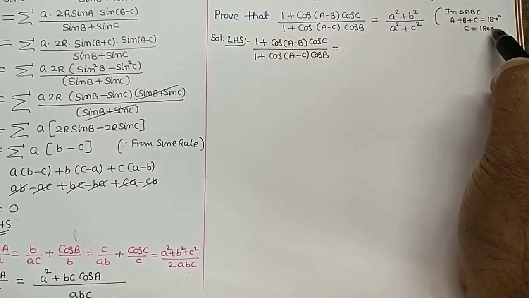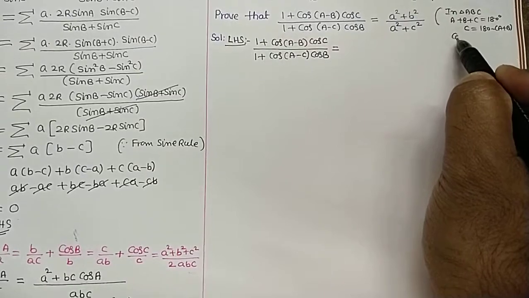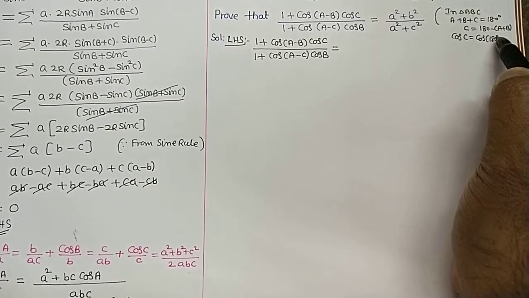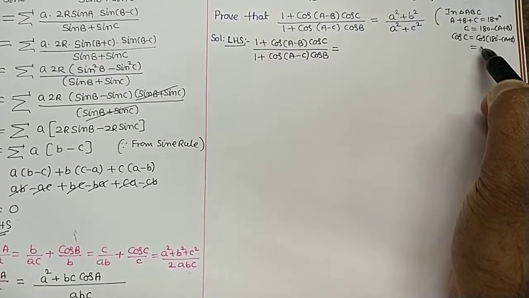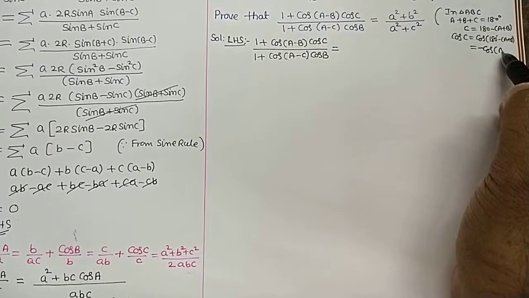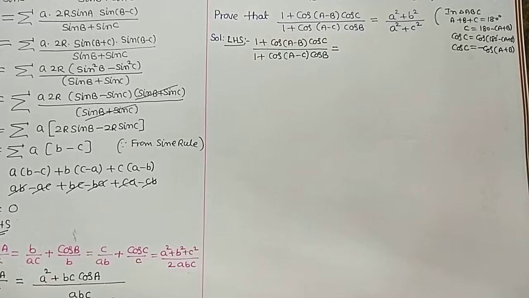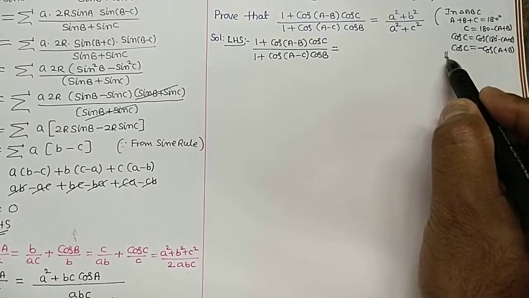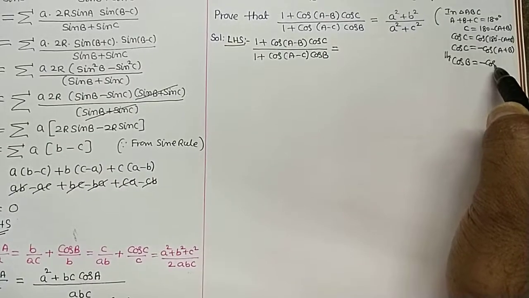C equals 180 minus of A plus B. Taking cos on both sides, cos C equals cos of 180 minus A plus B. So cos of 180 minus theta is minus cos theta. So minus of cos of A plus B. So cos C equals minus of cos of A plus B. Similarly, cos B equals minus cos of A plus C.